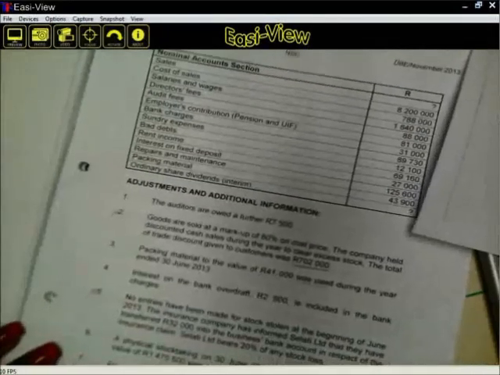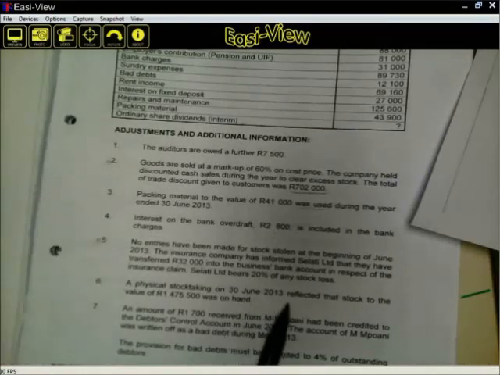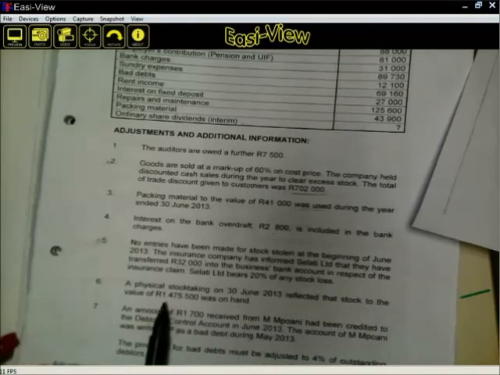Then we're moving to the next transaction. A physical stock taking on 30th June 2013 reflects that the stock to the value of 1,475,500 was on hand.